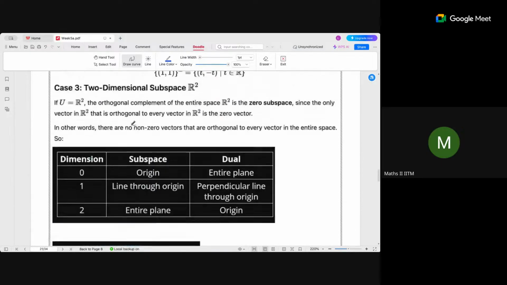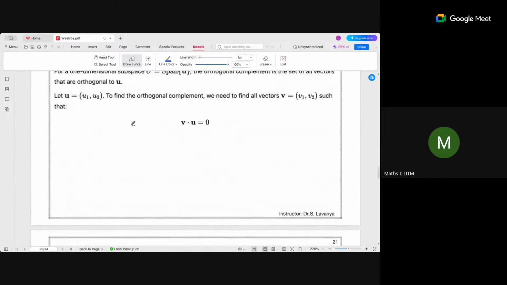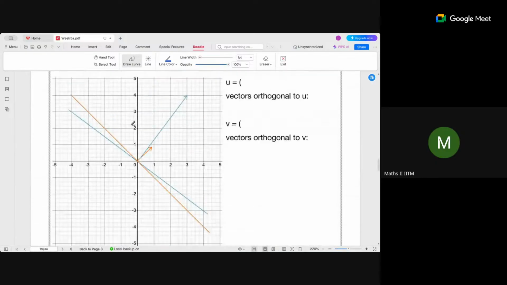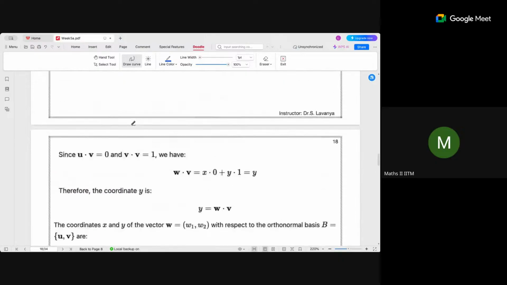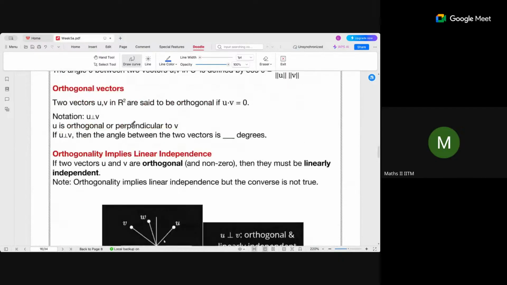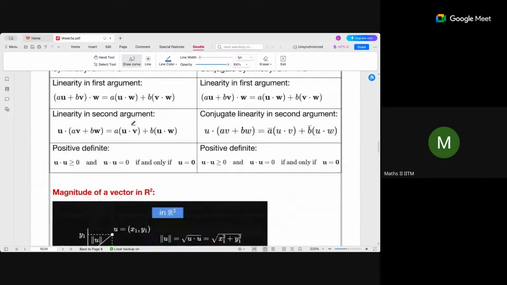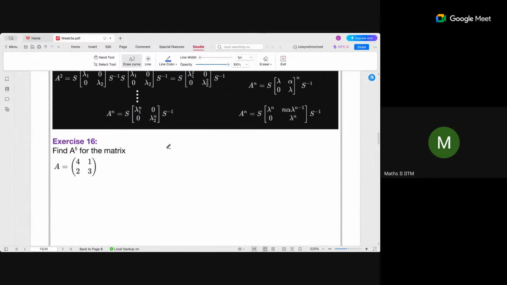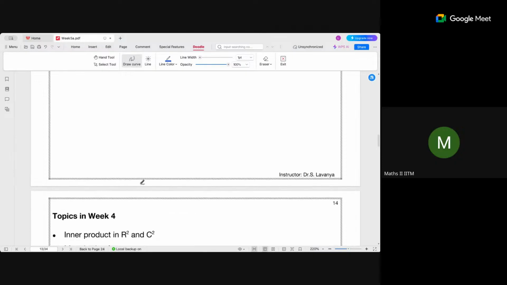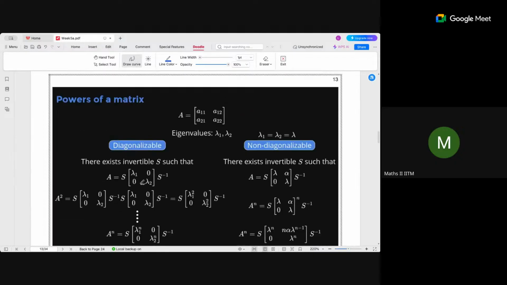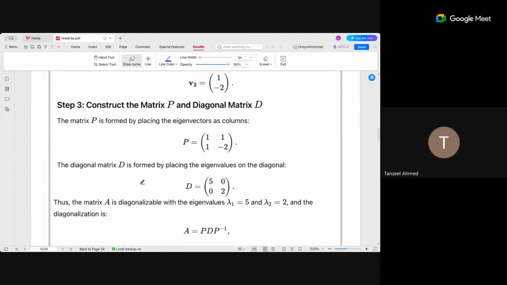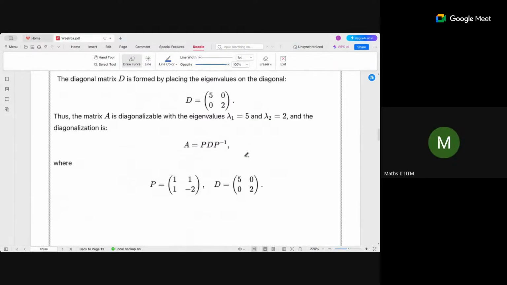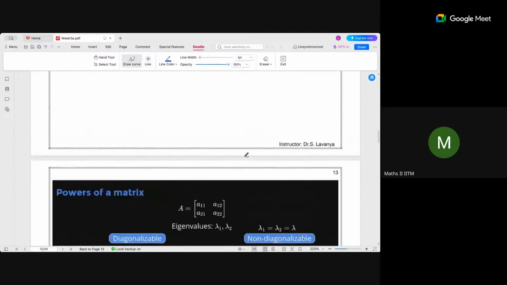So all the content of this PDF is not just for this week. Don't worry, it stops much before page 20. Inner products and everything is in this one, which is not in this week 4. It stops at page number 13 itself. I was only worried whether we'll have time to ask questions or not. Yes, with page 13, we are done.